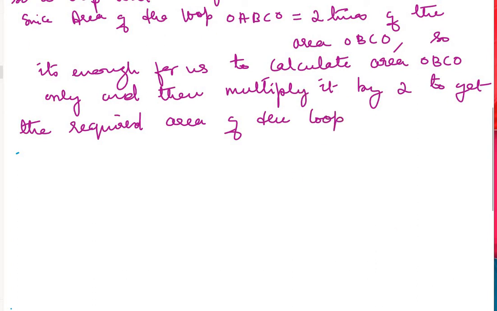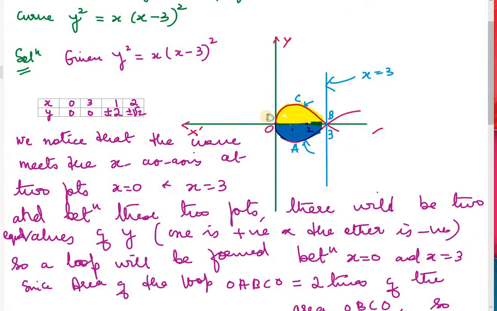Now, what is this area OBCO? From the graph, this area OBCO is the region bounded by which curve? It is bounded by the curve represented by y is equal to square root of x into (x minus 3), it will be just x minus 3 only here, because y square is x into (x minus 3) the whole square.